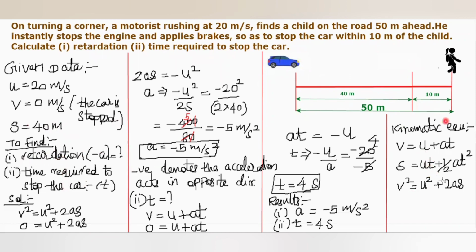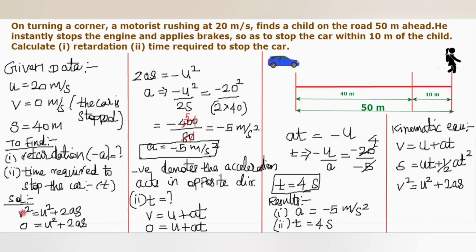Okay. So here for our reference, I have written the kinematic equations. Among these three equations, first I used the third equation, since except the acceleration, which we have to calculate, all other data are known values. So v square equals u square plus 2as.